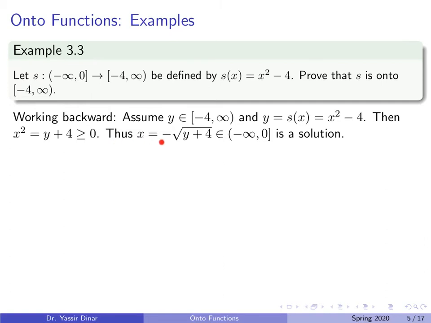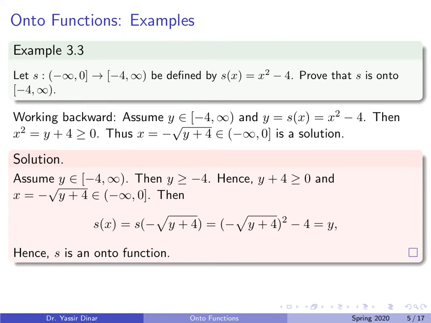So x equals minus the square root of y plus 4 is in the domain of my function. So for any y, I can find x in the domain that satisfies this equation.